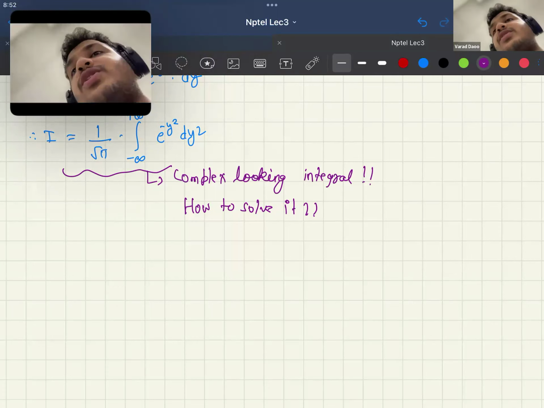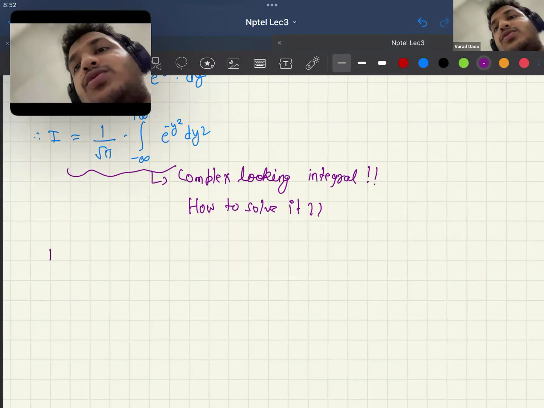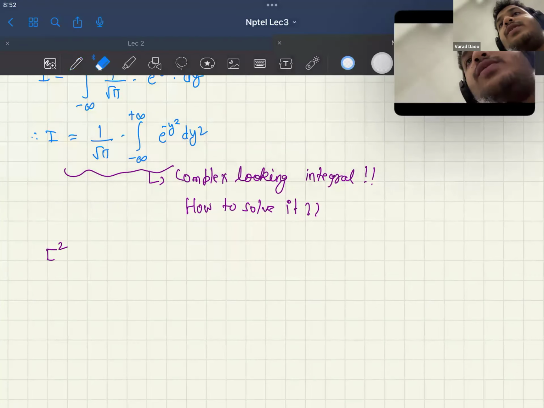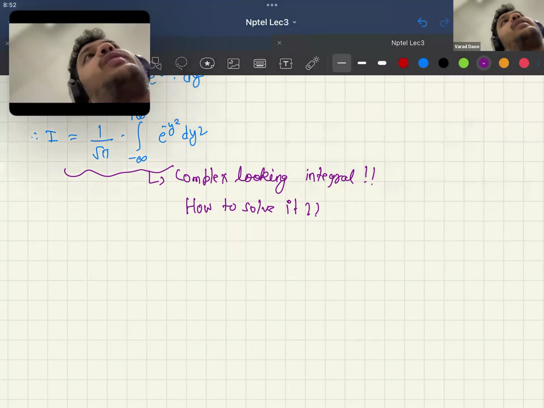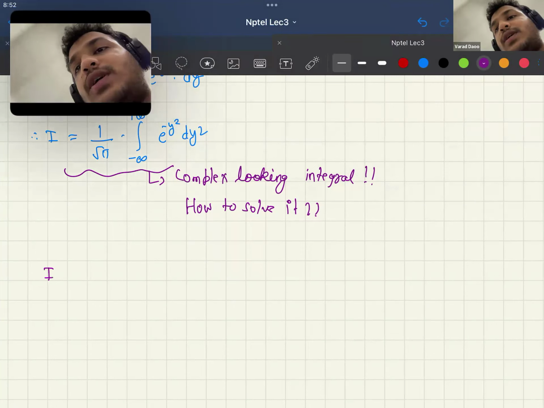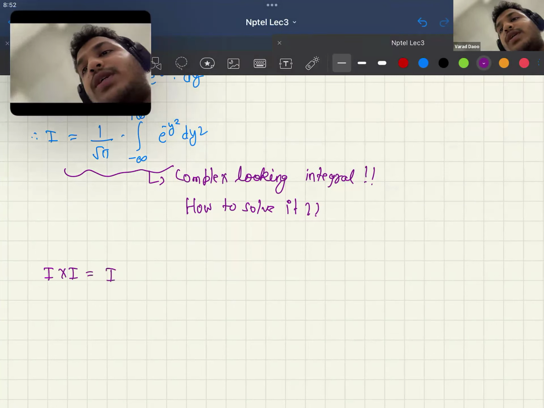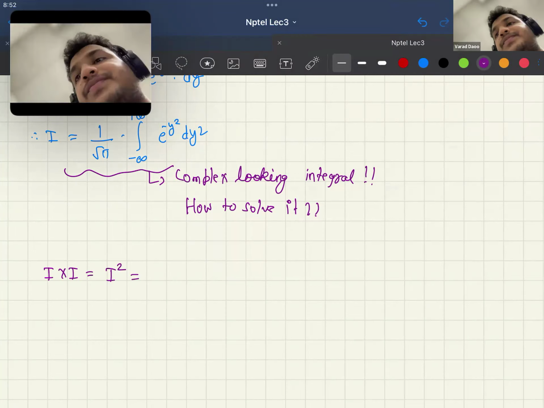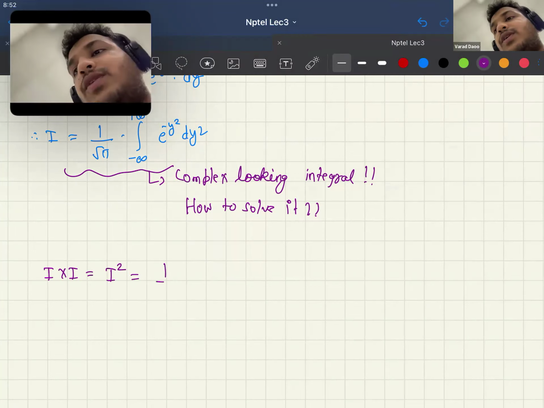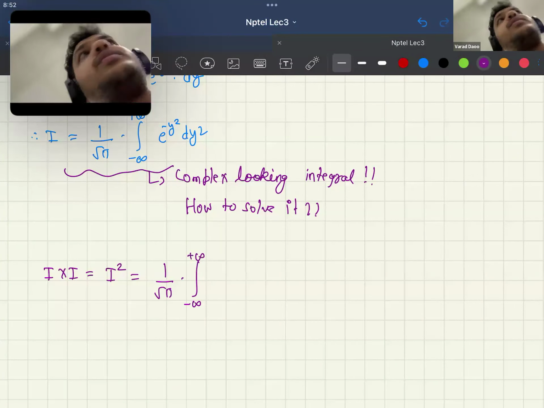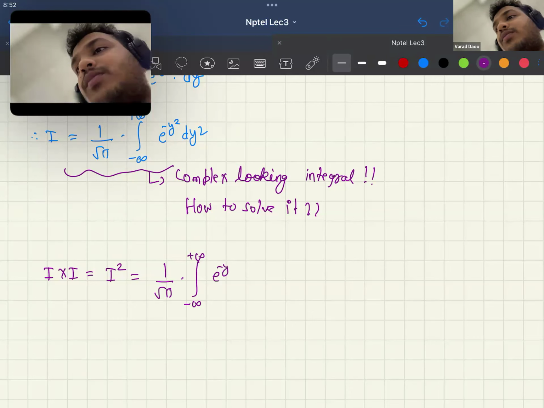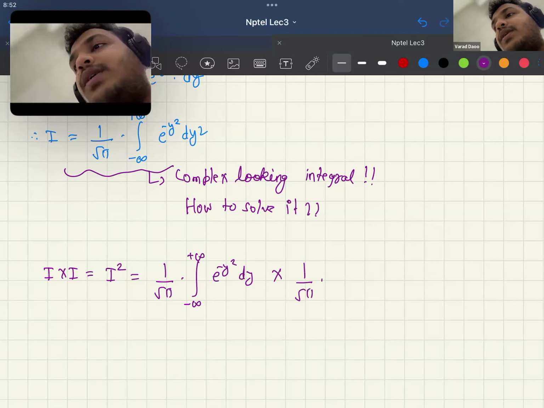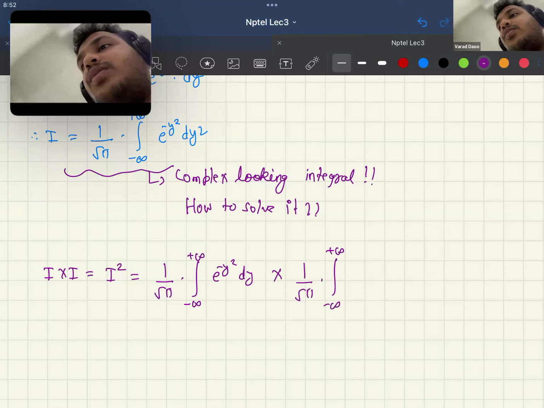So now what is going to be I square? In order to use polar coordinates, we need two integrals, right? So hence what we do is I into I is equal to I square. It's going to be 1 by root pi into integral minus infinity to plus infinity e to the power minus y square dy, multiplied by 1 by root pi into integral minus infinity to plus infinity e to the power minus v square dv.